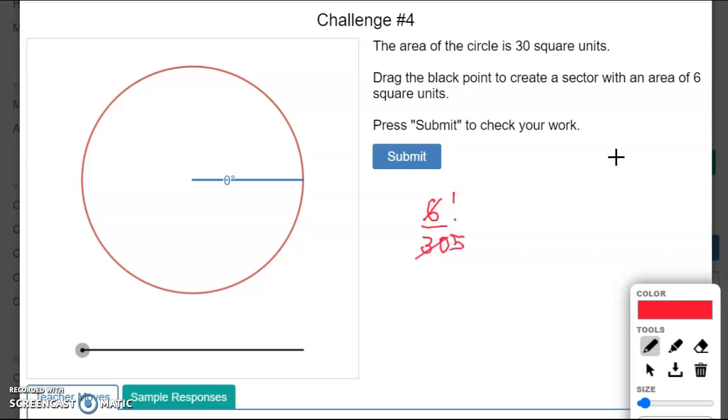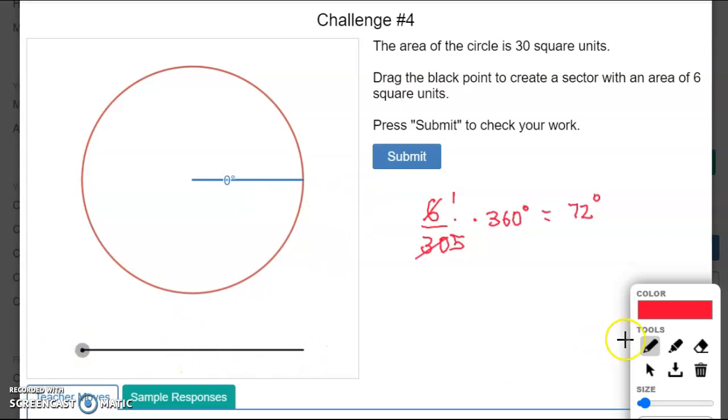I want 1/5 of a pizza. So 1/5 of a pizza, and I know the whole pizza is 360 degrees, 1/5 of 360 degrees is going to be 72 degrees. So I want 72 degrees.